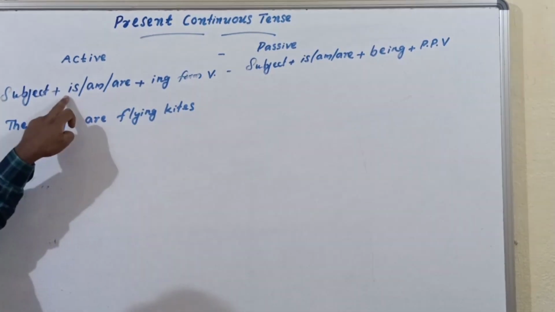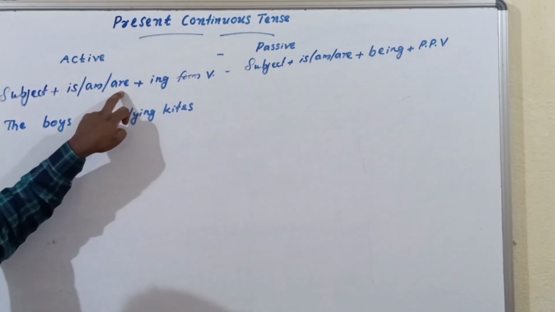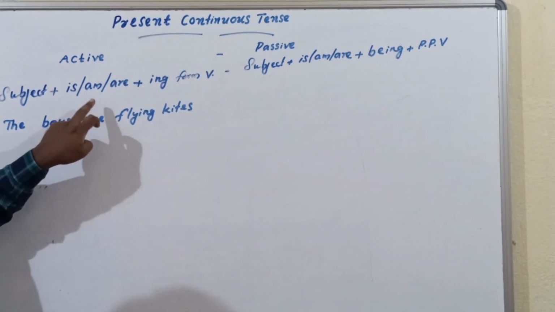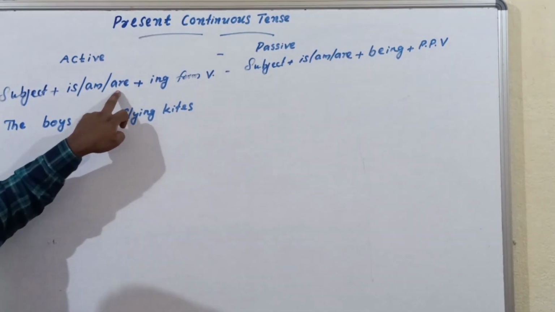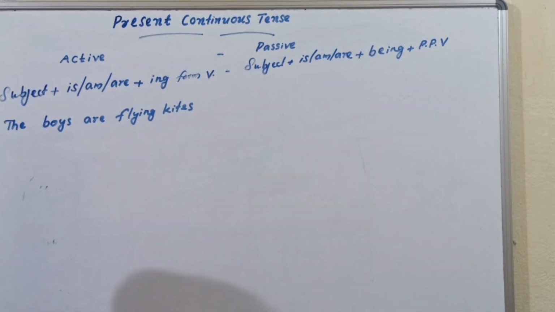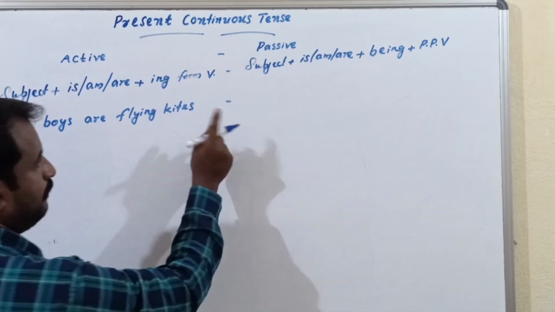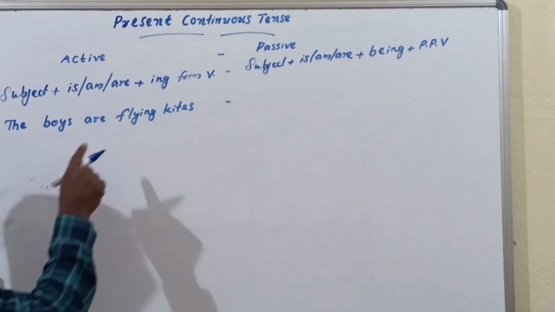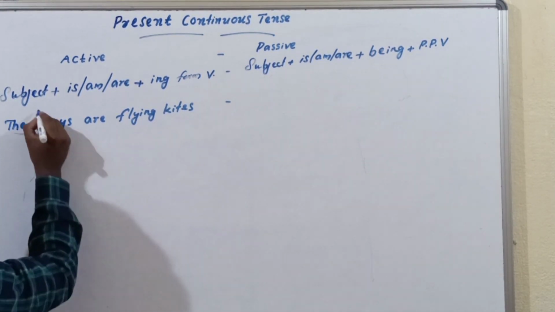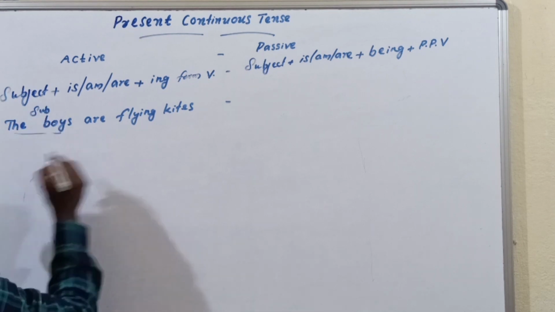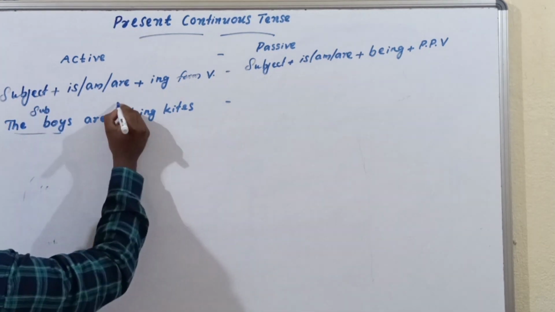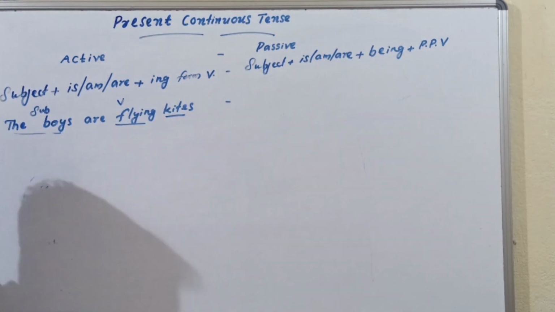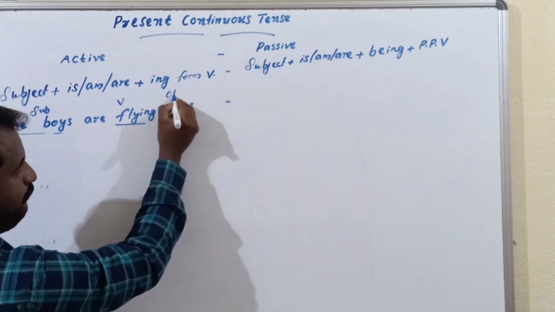Is, am or are: is with the singular, am with I, are with the plural. The same things will be there. And what is the object of active? Let us see. The boys is the subject, flying is the verb, and kites is the object.